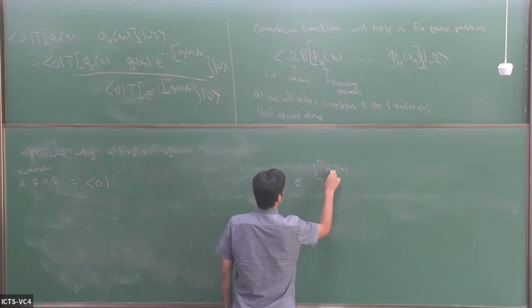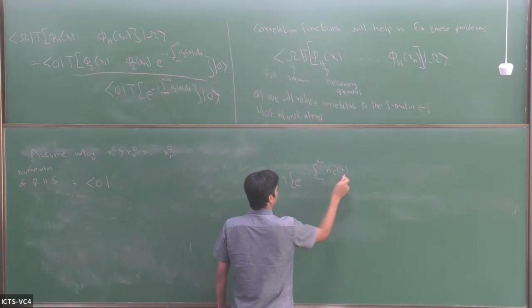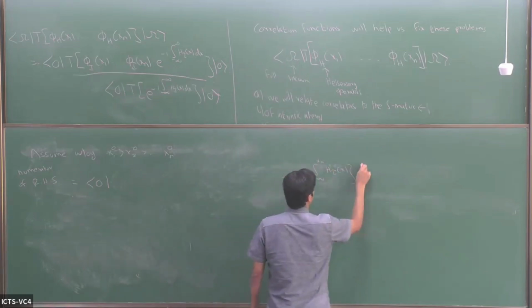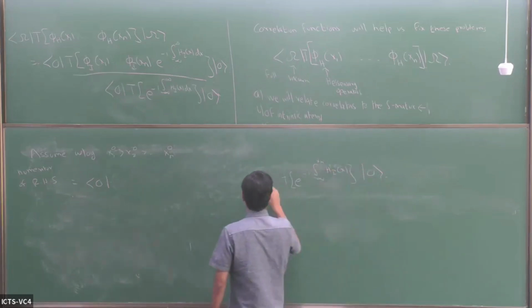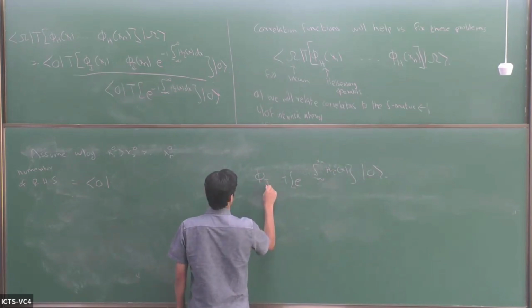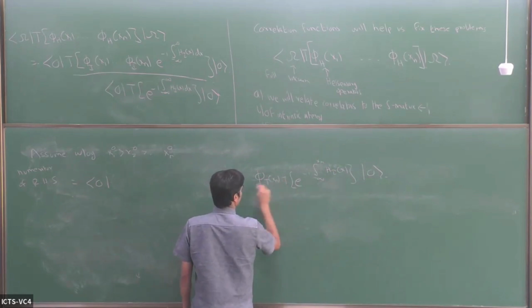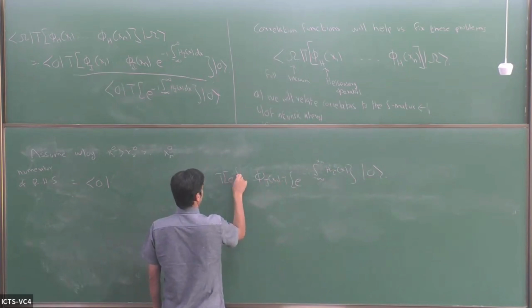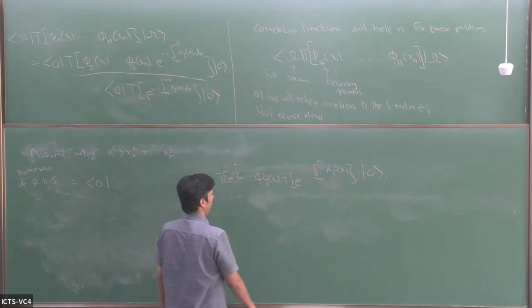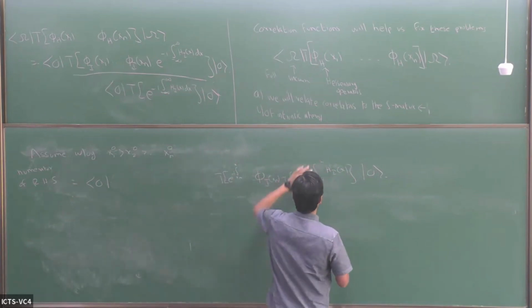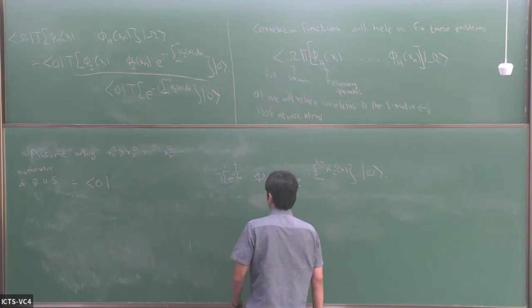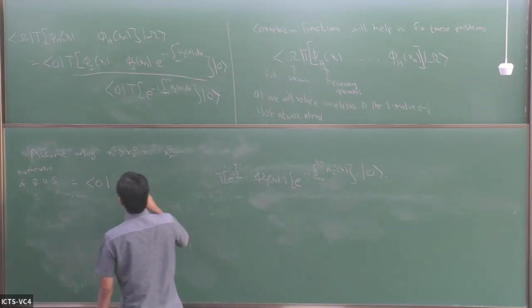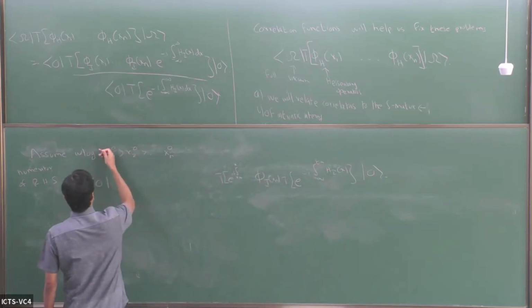We'll get some time ordered guy here. Sorry, let me write Tn, not Xn. Xn is a full time and Tn is the time variable.